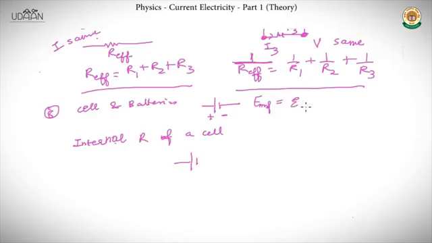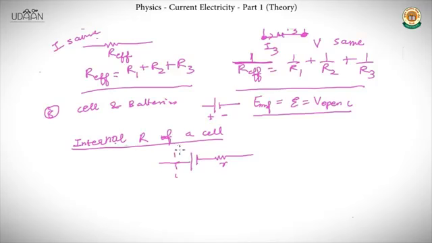This is given by the open circuit, which means that when the battery is connected to an open circuit, the work done required or the potential across it will give us the EMF. It is an important concept. Now, a battery or a cell also has some internal resistance, denoted by small r. If I talk about only this part of the cell, it has an EMF of, let's say, V0.